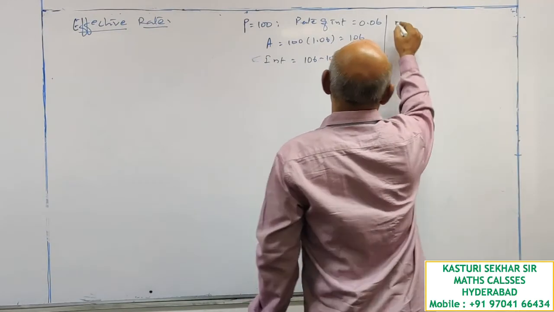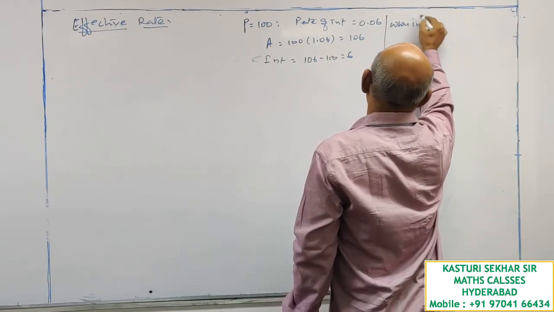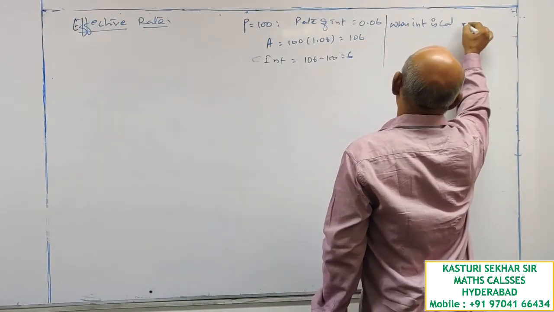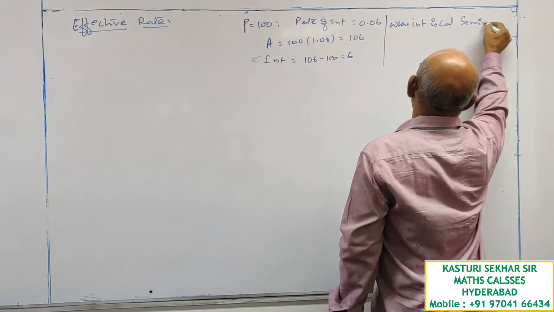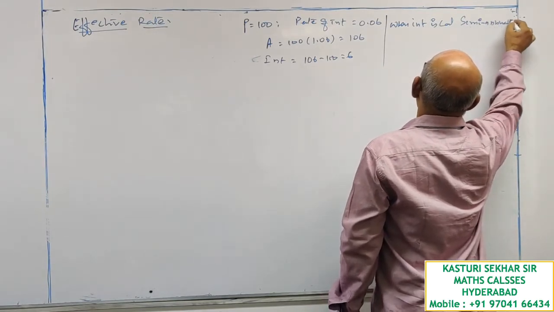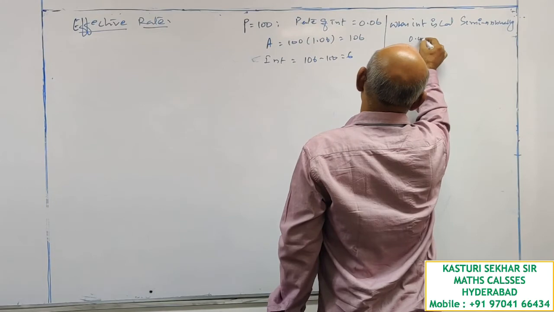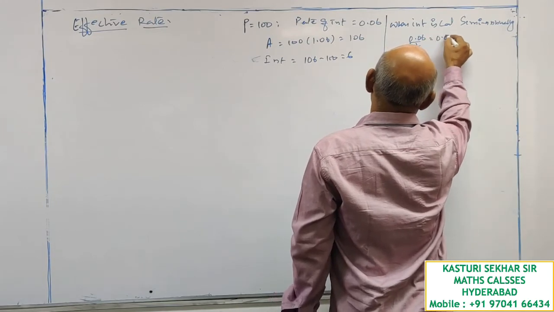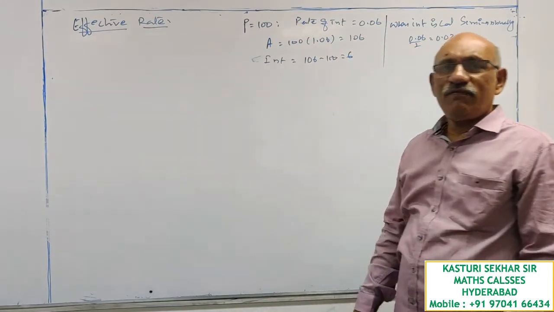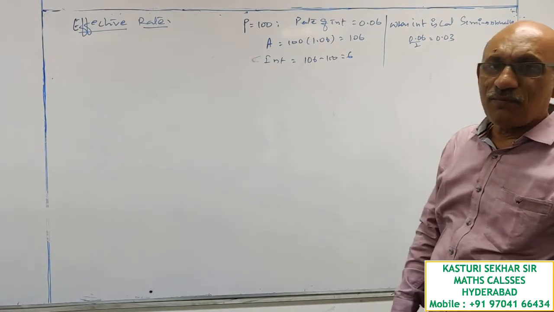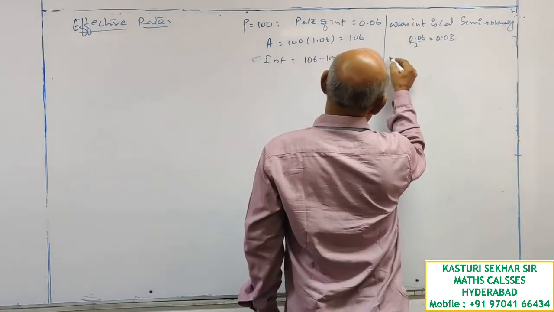Now let us see when interest is calculated semi-annually, then 0.06 divided by 2, 0.03. For calculation purpose, you have to take 0.03.